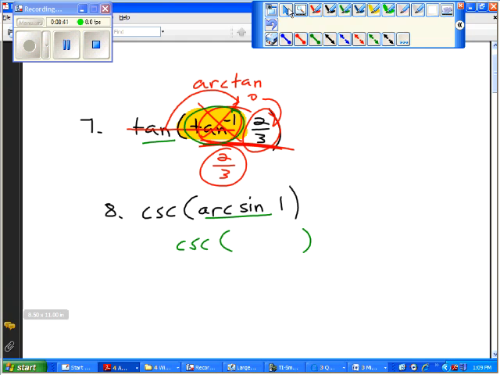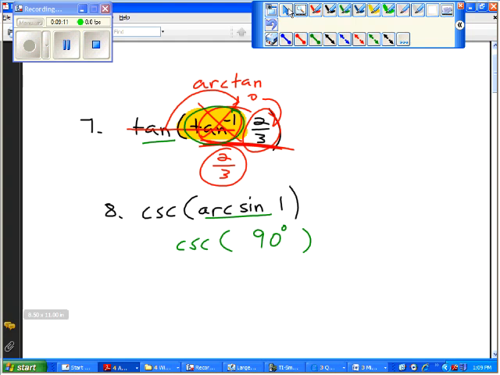We want to know what angle has a sine of 1 in quadrant 1. Well, it's going to be the quadrantal angle 90. And then cosecant. Cosecant is what?